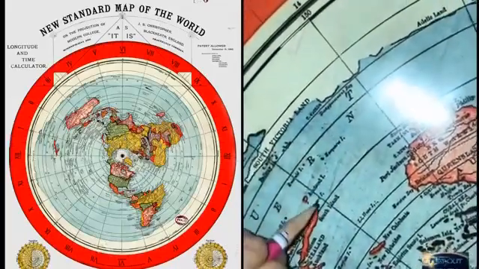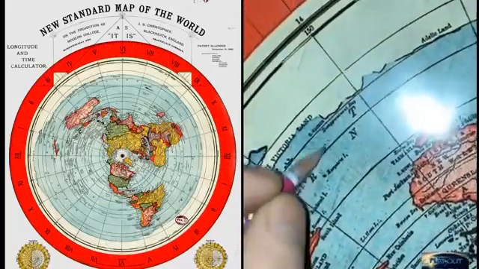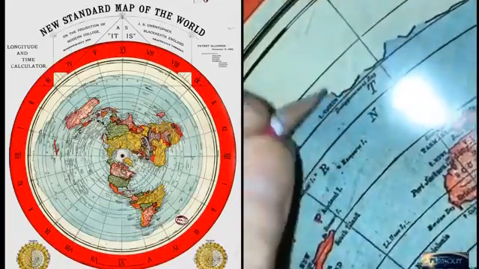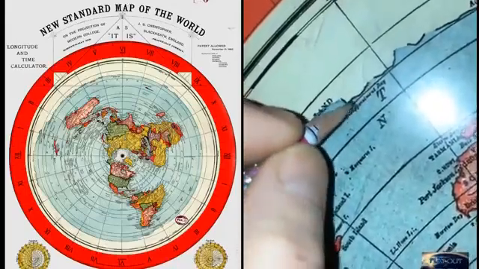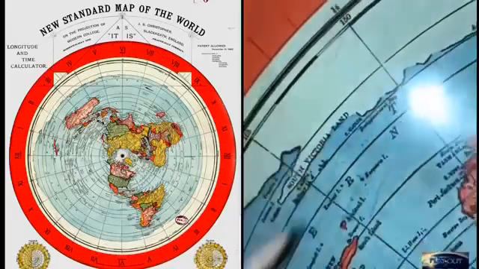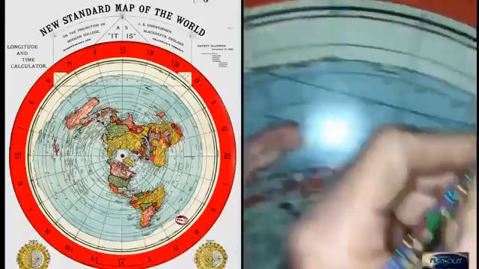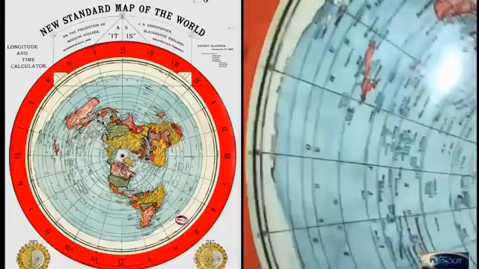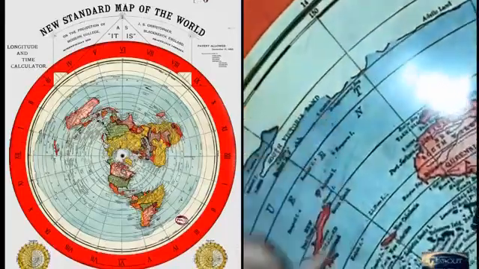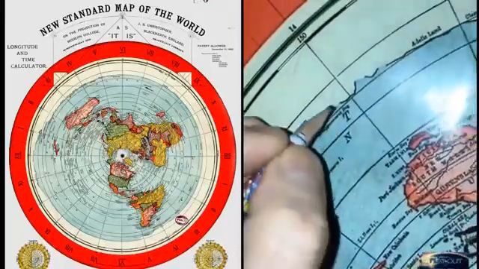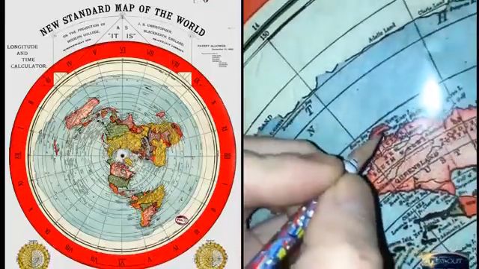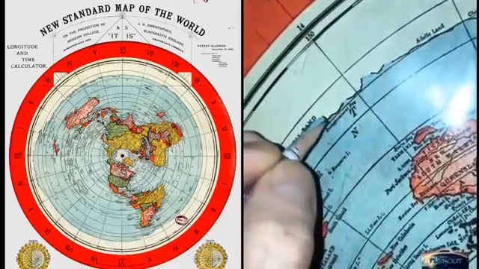So like I said, they leave here, go along this little bitty tiny bulge that sticks out from the ice wall called Commonwealth Bay, Disappointment Bay, whatever. Notice it's the only part in the ice wall, except for the other part that I showed you, that bulges out away from the ice wall. So they go down through here, cruise along a little bit, and then return back to Tasmania.